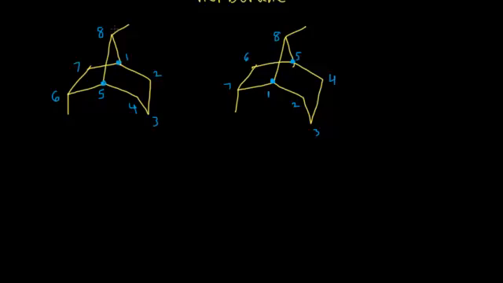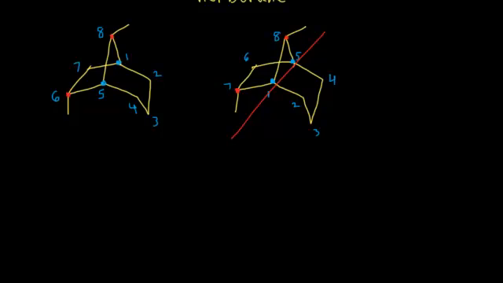Remember, our goal is to get the lowest number possible for our substituents. In the example on the right, I have a methyl group in the 7 position and a methyl group in the 8 position. The example on the left has a methyl group in the 6 position and a methyl group in the 8 position. Since I want to give the lowest number possible to my substituents, I'm not going to number it the way on the right. I'm going to go with the way on the left.